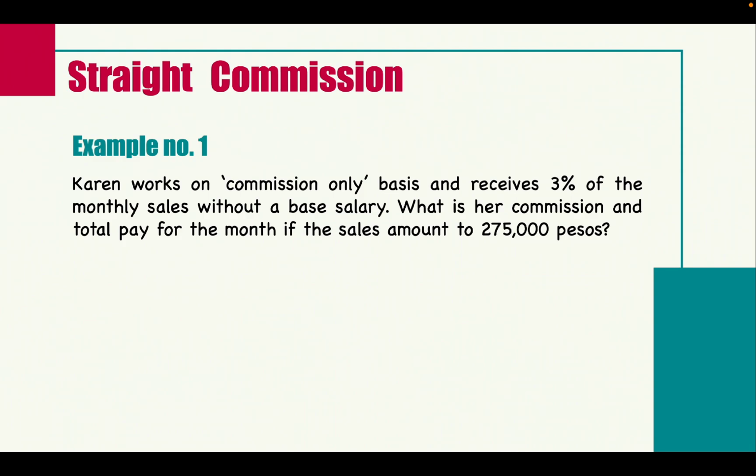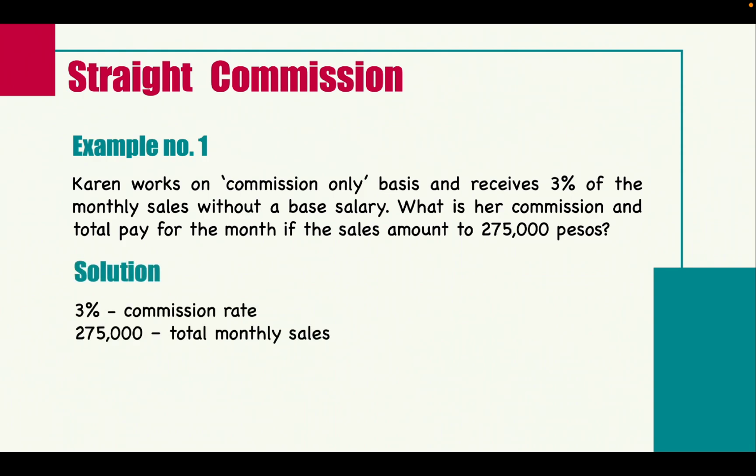This is the simplest type of commission, because all you have to do is get the commission rate, which is 3%, and the sales amount, which is 275,000. Once you have gathered that information, you just multiply the total sales by the commission rate, and that is your straight commission.